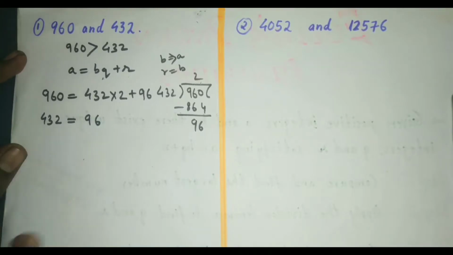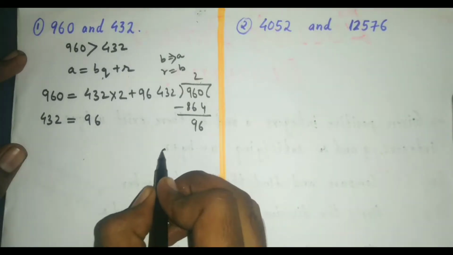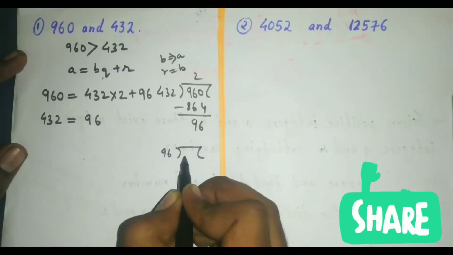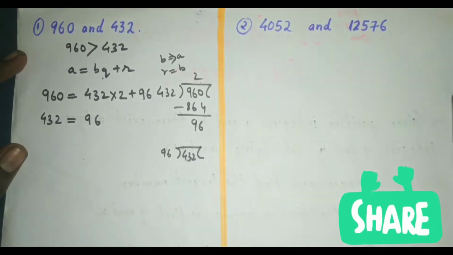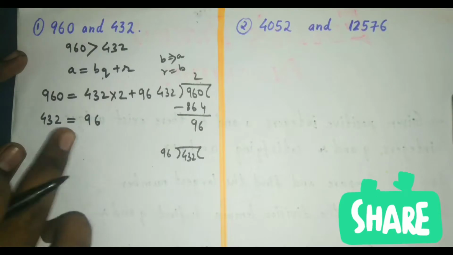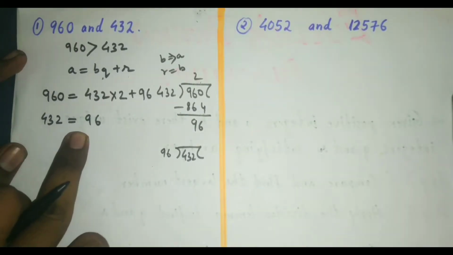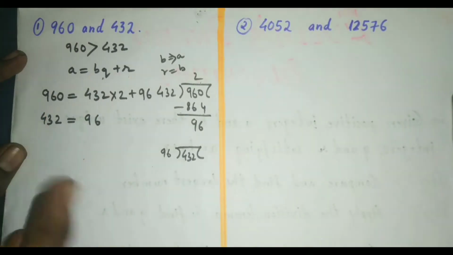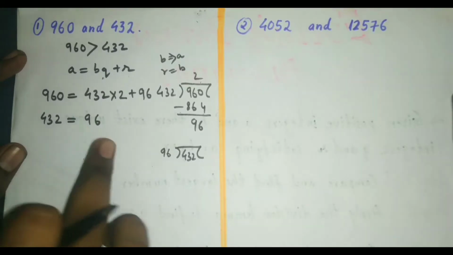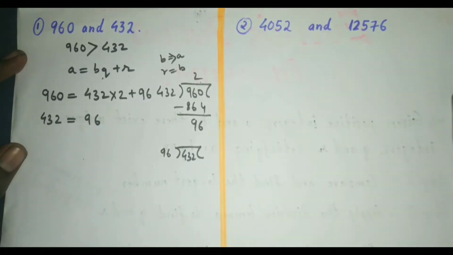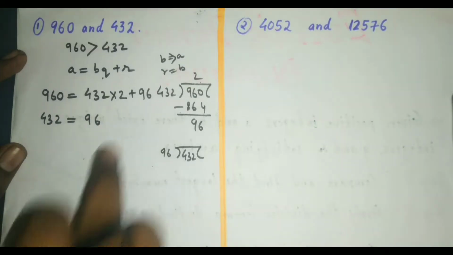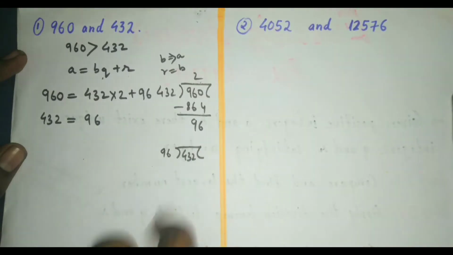Next you have to again divide, 432 by 96. Instead of wasting time you can directly do it by rounding off this number. Suppose you see 96, you can take it as 100. And what number do you multiply with? Since you have to find the remainder, it's better to do the whole division.